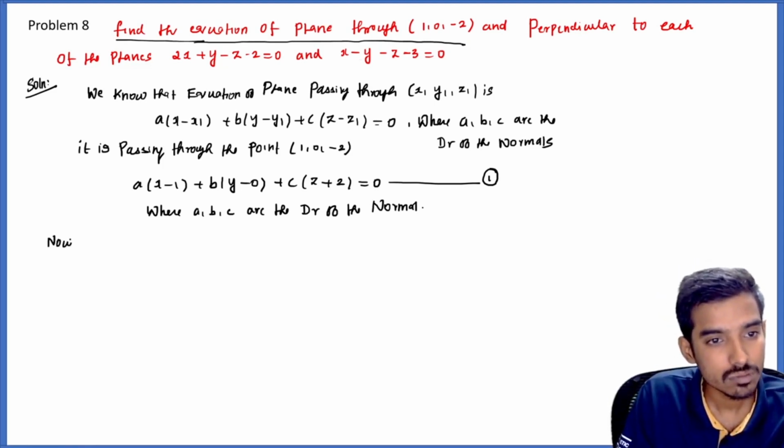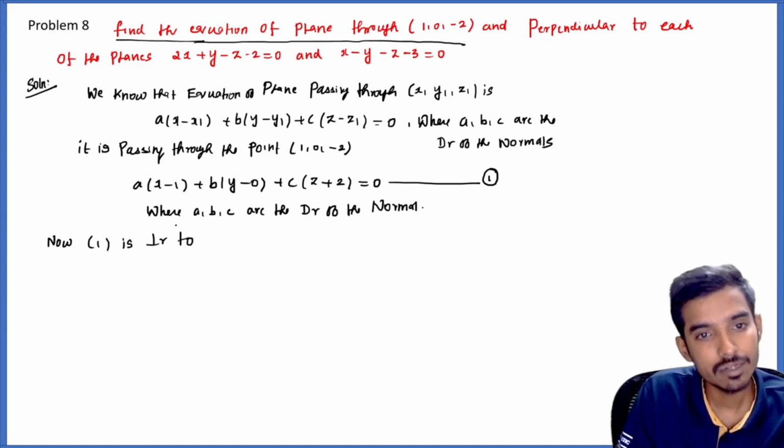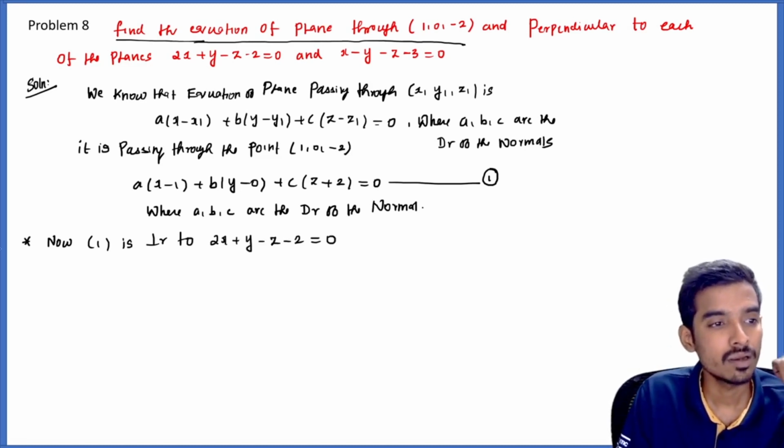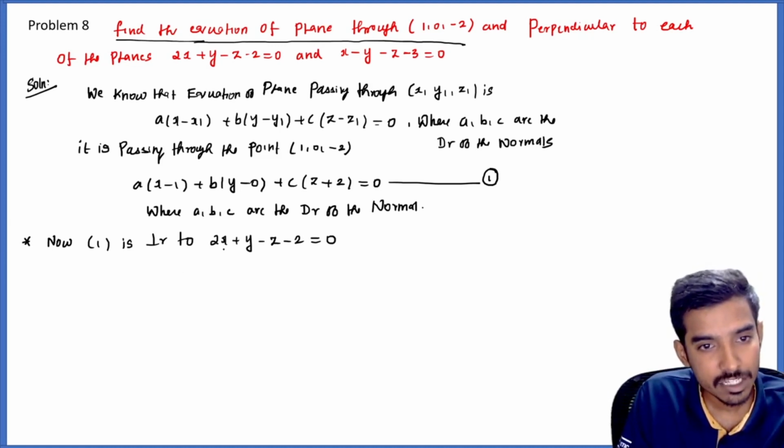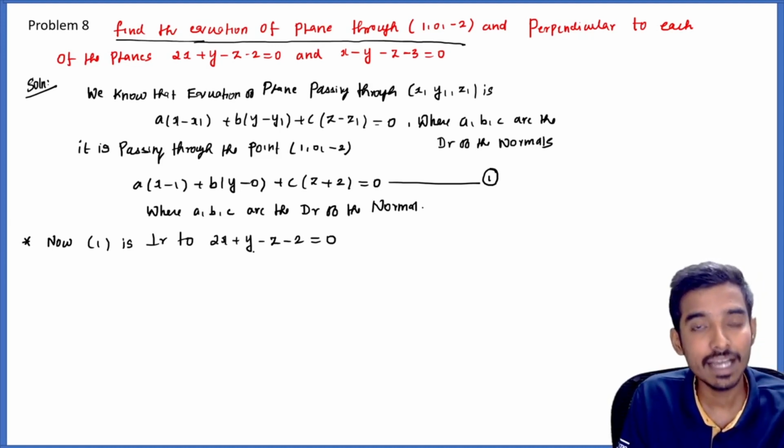Now, 1 is perpendicular to 2x + y - z - 2 = 0, right? So what is the direction ratio of the normal for this plane?